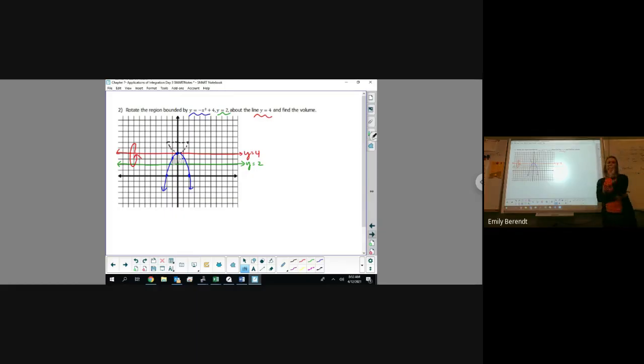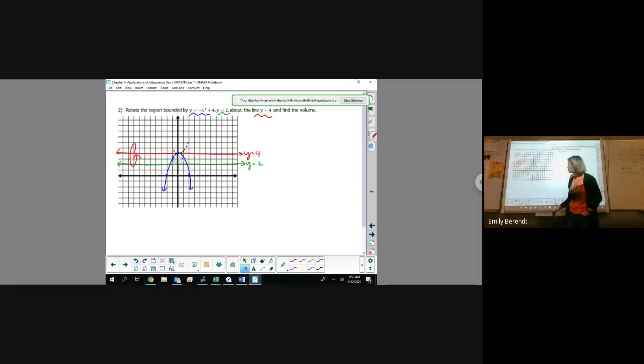All right, so disc or washer. This is a washer. It's going to have holes because, oh, I don't want that color.